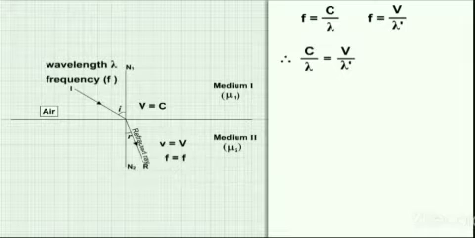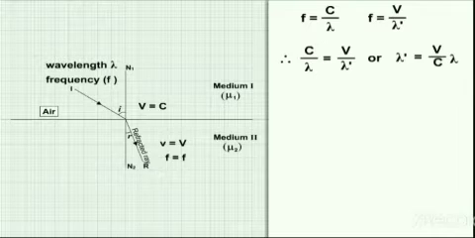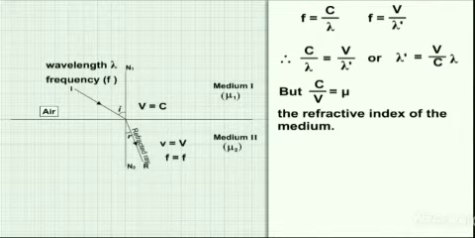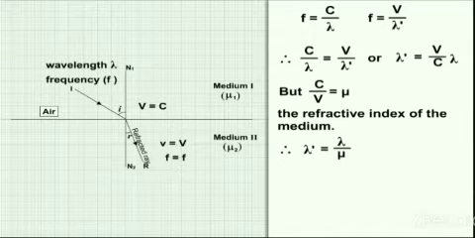Therefore, c upon lambda is equal to v upon lambda dash, or lambda dash is equal to v upon c lambda. But c upon v is equal to mu, the refractive index of the medium. Therefore, lambda dash is equal to lambda upon mu. Let this be equation 6.